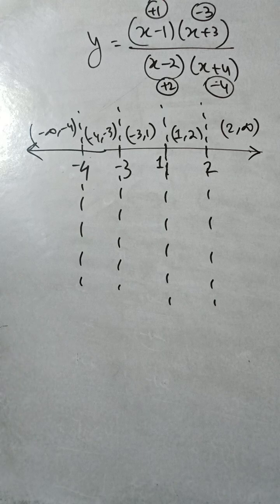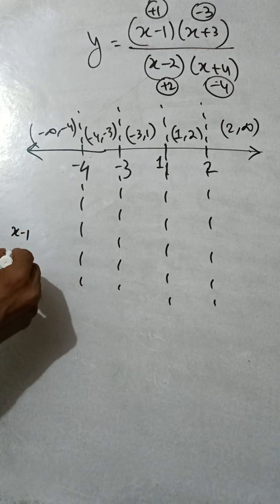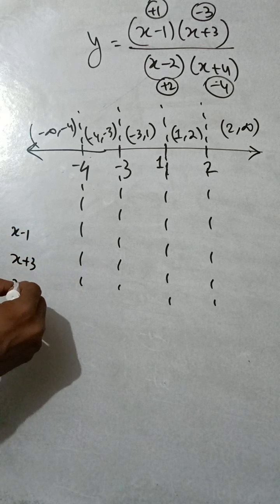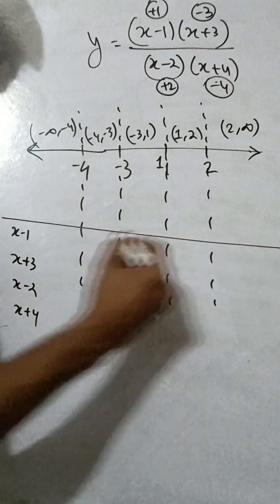So now we have our 4 factors: x minus 1, x plus 3, x minus 2, and x plus 4. Nice.